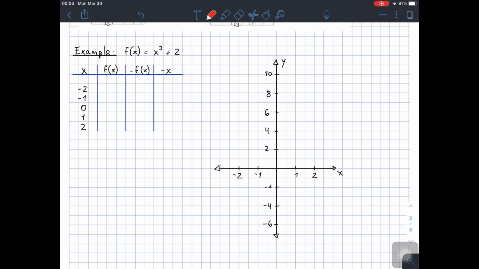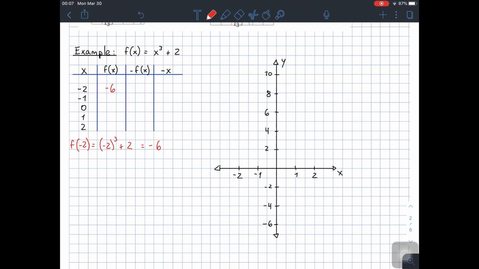You know already that this is just replacing the x values into the function and observing the result, right? So for example, f of negative 2 would be negative 2 cubed plus 2. And this gives us negative 8 plus 2, which is negative 6, okay? So this is negative 6. And then we can keep on doing the rest.